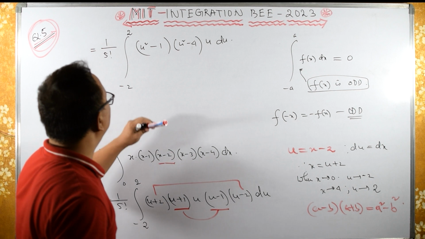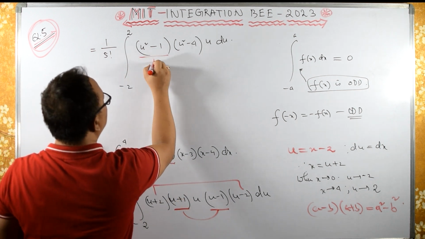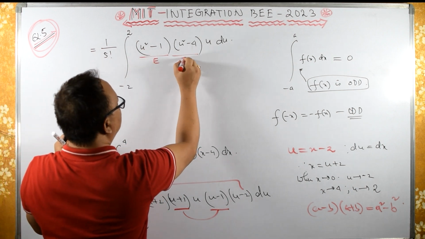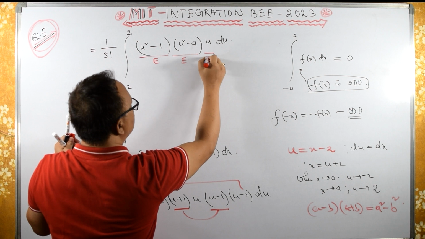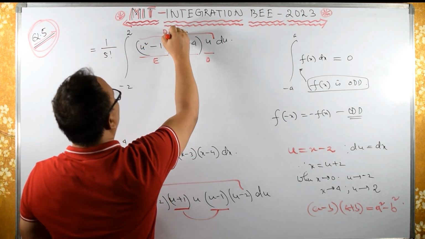Look here: u square is an even function, here also u square is an even function, and here we have the odd function u. Even into odd is odd, so the whole thing is an odd function.